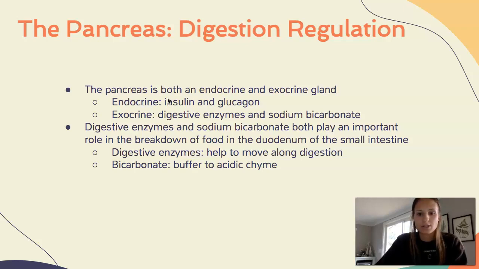The pancreas releases bicarbonate in response to the acidic presence of chyme coming in from the stomach into the small intestine, and the bicarbonate acts as a buffer, and it also inactivates pepsin from the stomach, as well as creating an ideal environment for the activity of the pH-sensitive digestive enzymes of the small intestine, which could potentially be denatured if the pH is too low.